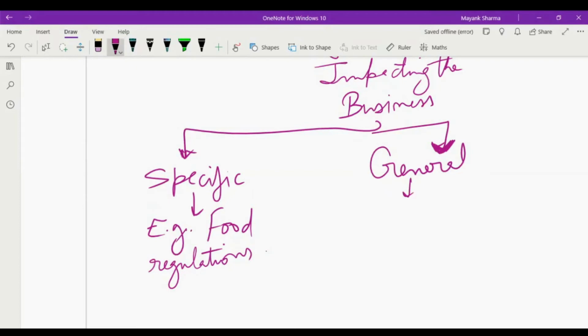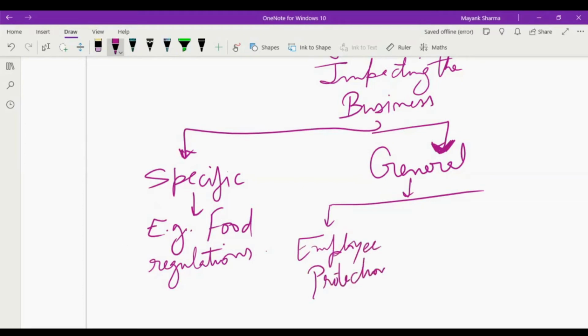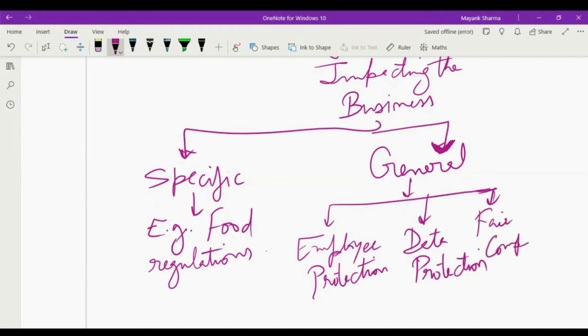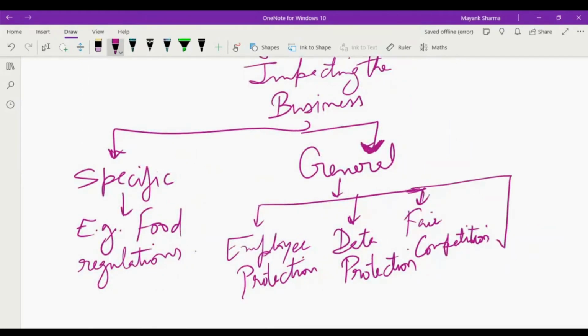But there can also be general legislations, like employee protection. There can be legislations of data protection. Legislation can be in place for fair competition. For consumer protection. These are general in nature.